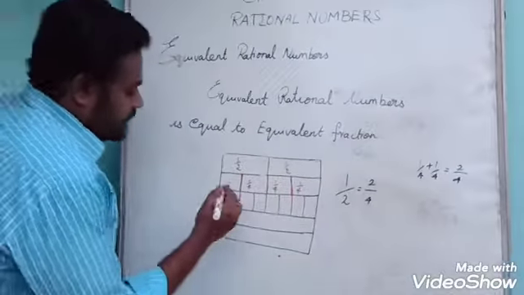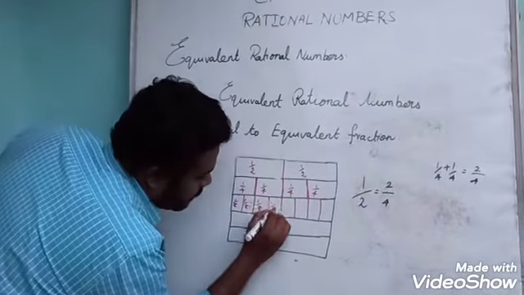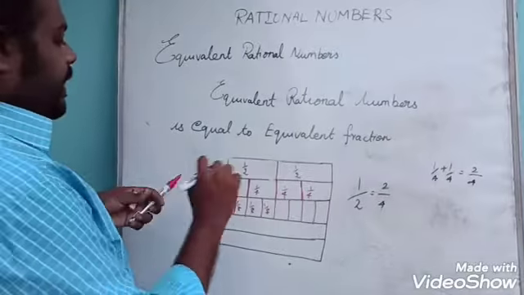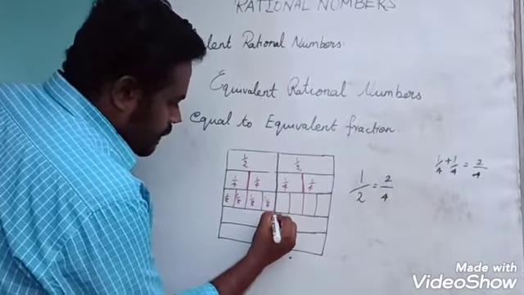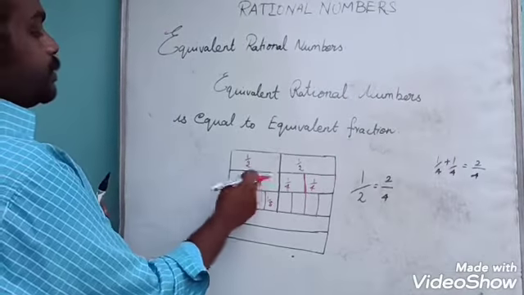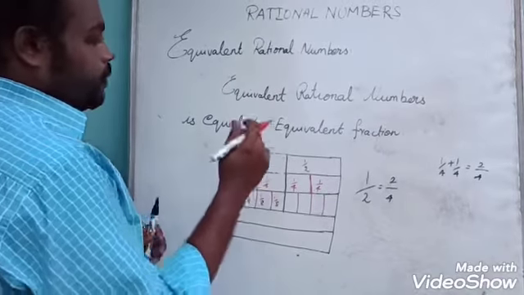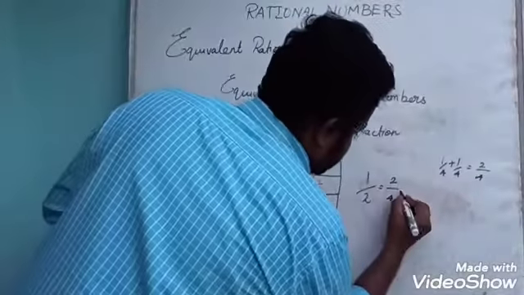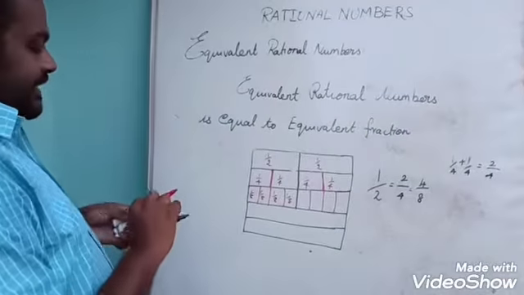So each section is written as 1 by 8. We always compare with this 1 by 2 section. So now we see the 1 by 2 can be split as 2 by 4 and again, 1, 2, 3, 4, 4 by 8.